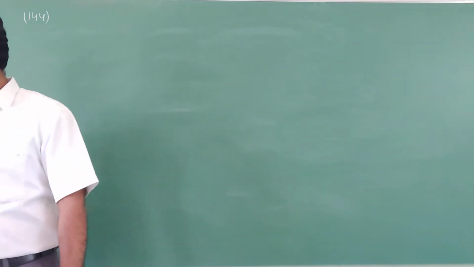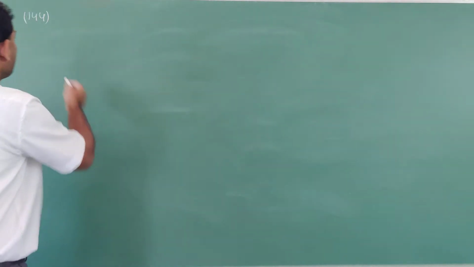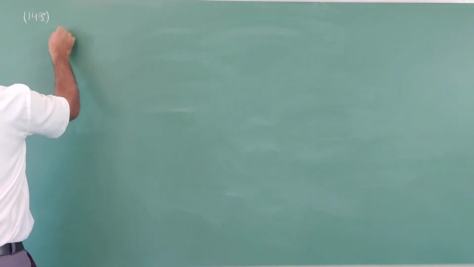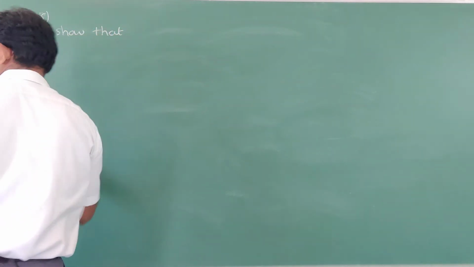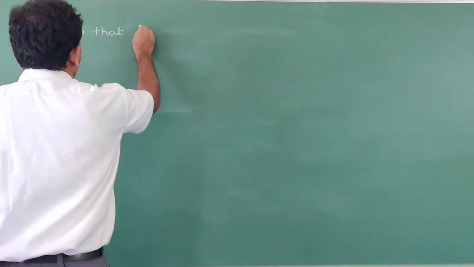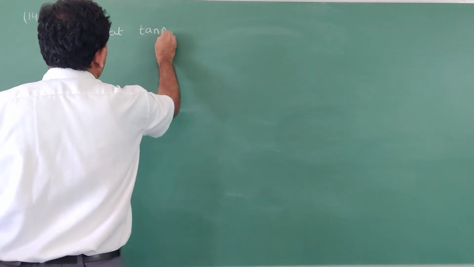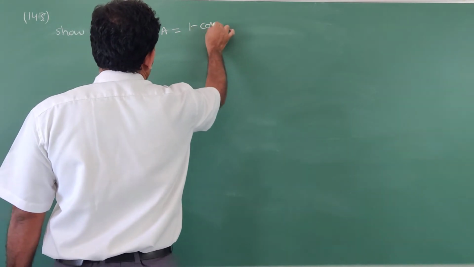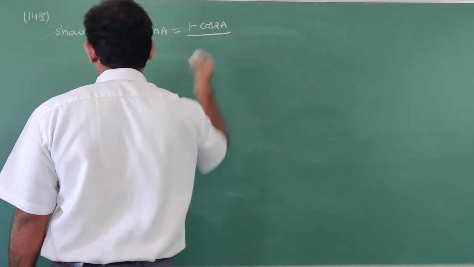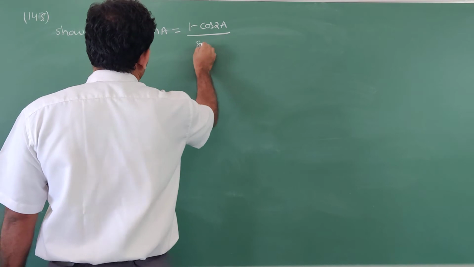Next one. Show that tan A equal to 1 minus cos 2A divided by sin 2A.